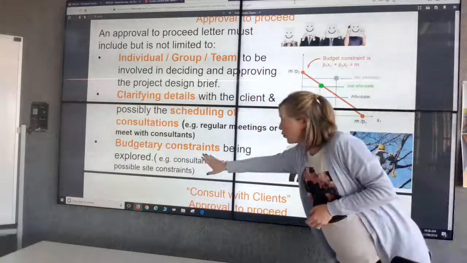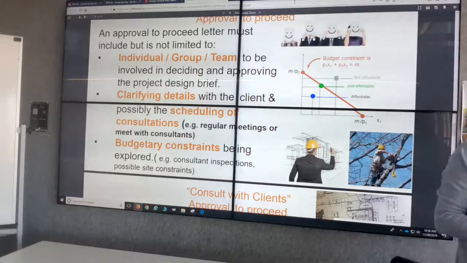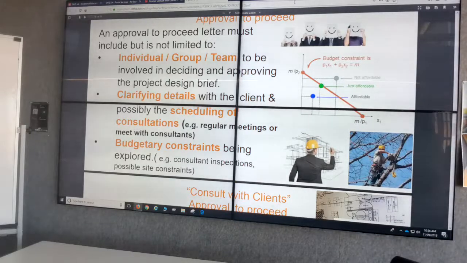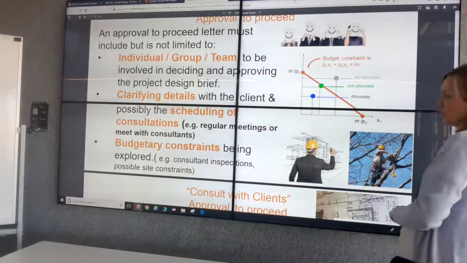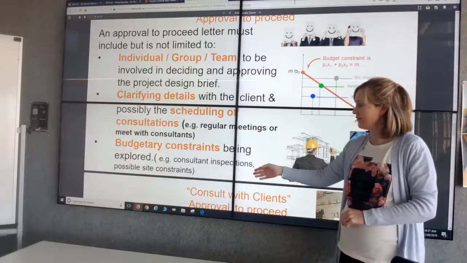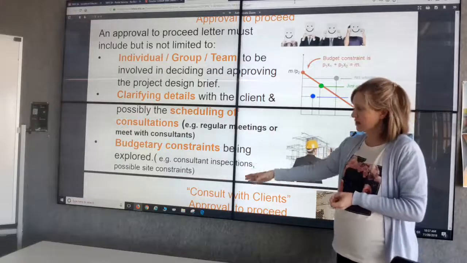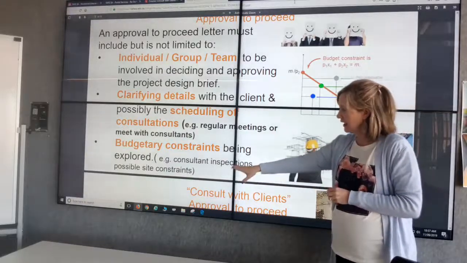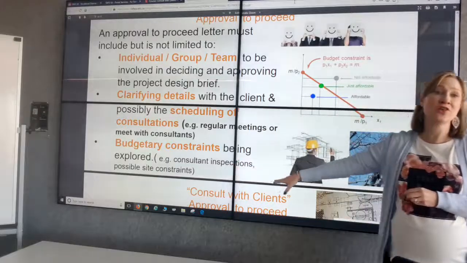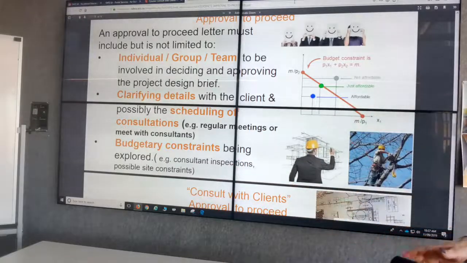So we need to identify that in our approval to proceed letter, because these are things that we still don't know yet, because we haven't got the structural engineer's report yet. We said that we will find that out, and therefore we need to make a section in this approval to proceed letter to say this is unforeseen, and depending on that cost, it could actually bite into that budget quite dramatically.